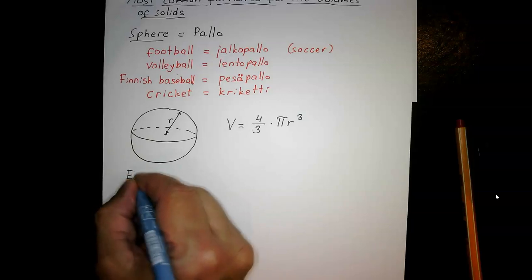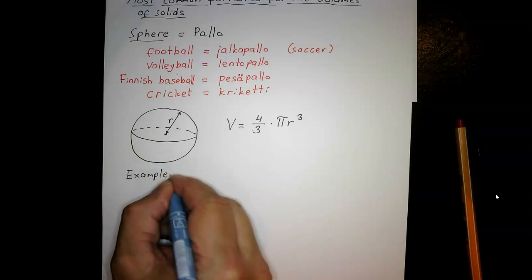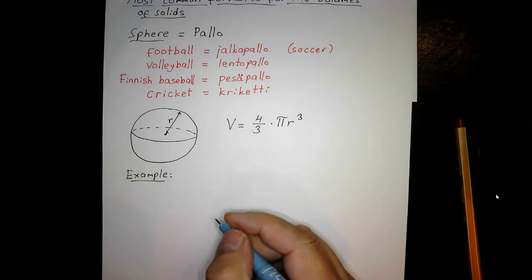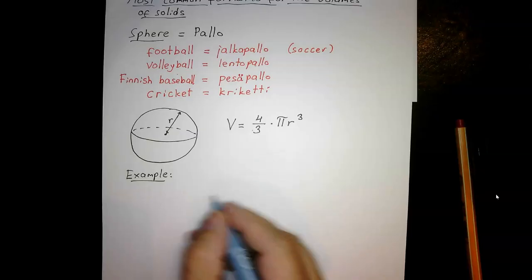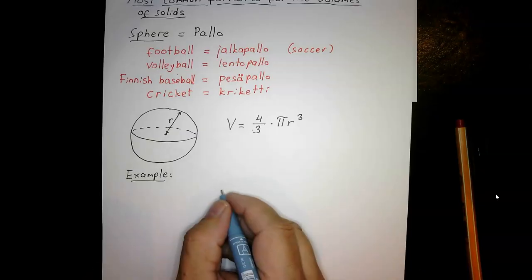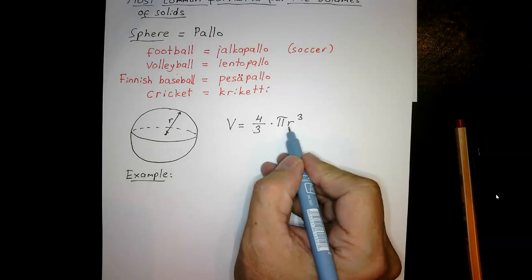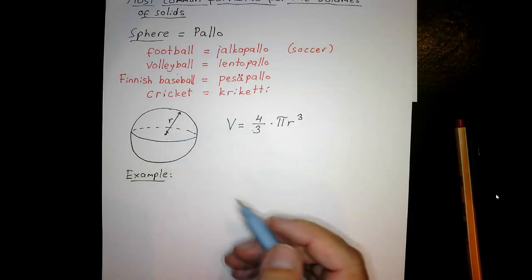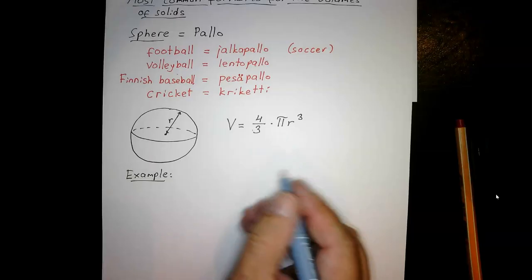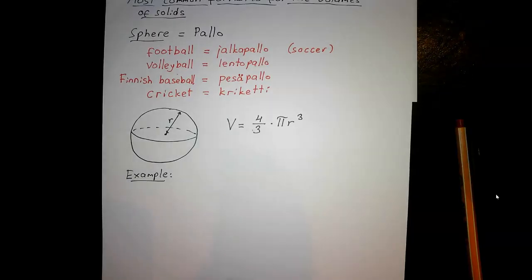Well, for example, again it is easy to calculate the volume with this formula. That is easy if we only know the radius of the ball or the sphere. We can calculate the volume, but let's take the other way.